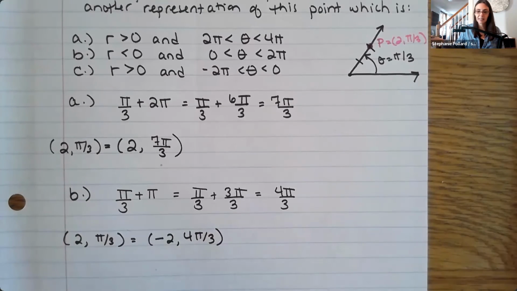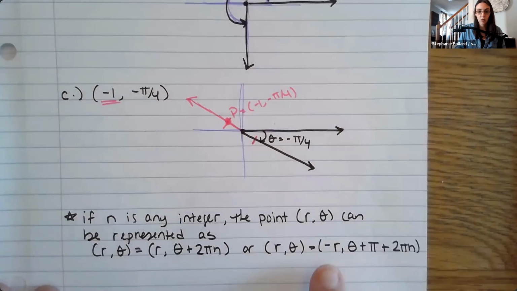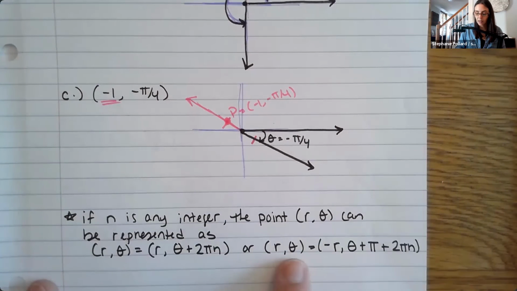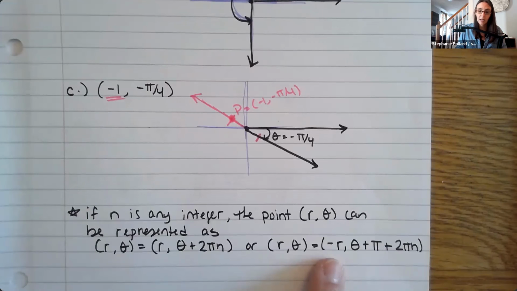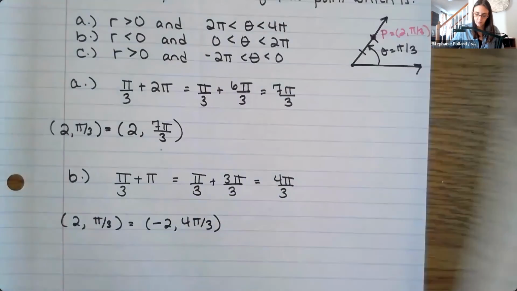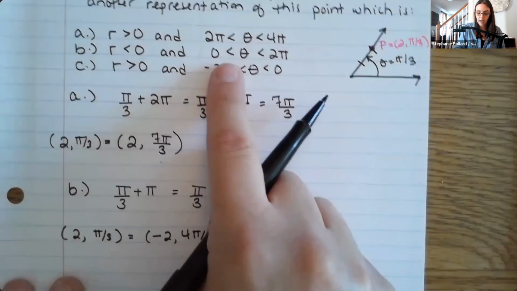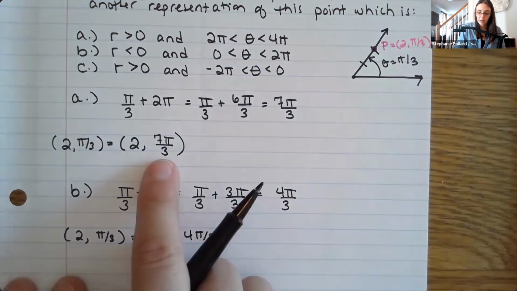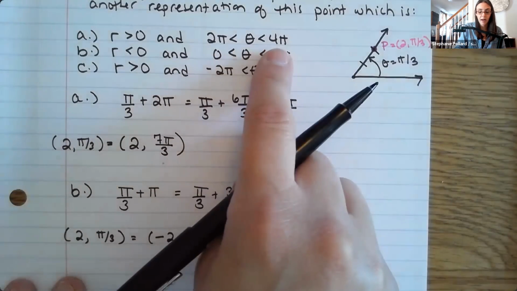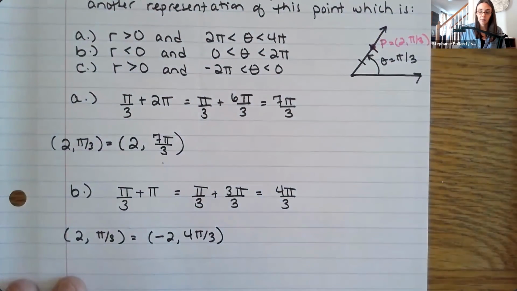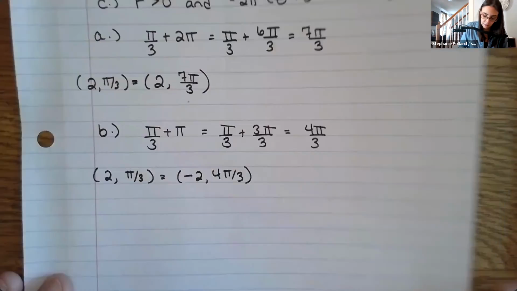But again, I'm using that second way that we can tweak those points. So r theta becomes the negative of the r, whatever the original r is, the negative of it. And then we can also add pi. And then again, if you want to add more circles around that 2 pi, you can. And just check, right? 4 pi over 3 is between 0 and 2 pi. 7 pi over 3 is between 2 pi and 4 pi. So they are fitting the requirements that we have here.